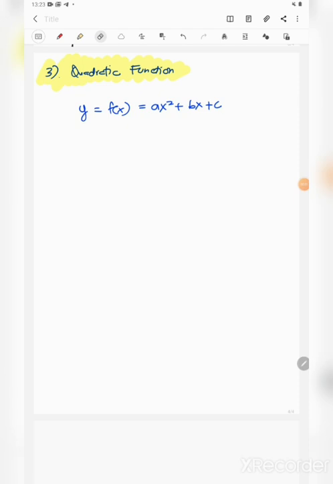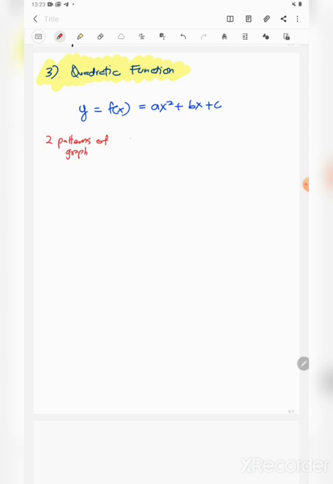Okay, number 3, we have the quadratic function. The general form for the quadratic function is y equals f(x) equals ax square plus bx plus c. For information, we have 2 patterns of graph.